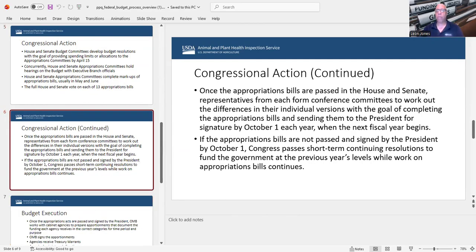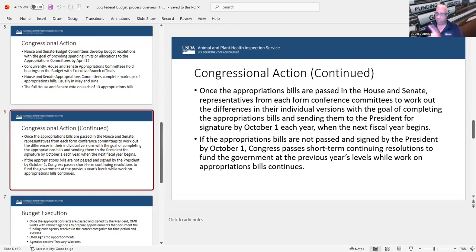Now, once the appropriations bills are passed in the House and Senate, representatives from each form conference committees to work out the differences in their individual versions with the goal of completing the appropriations bills and sending them to the president for signature by October 1st each year. That's when the next fiscal year begins. Remember, in the federal government, the fiscal year runs from October 1st to September 30th, and then the next fiscal year starts.